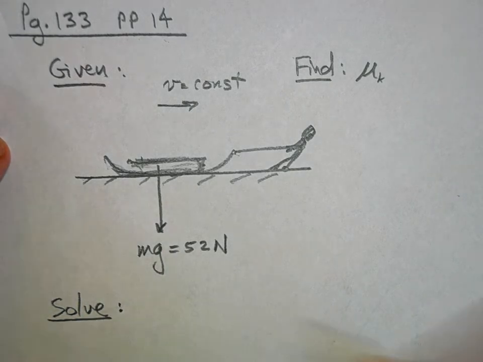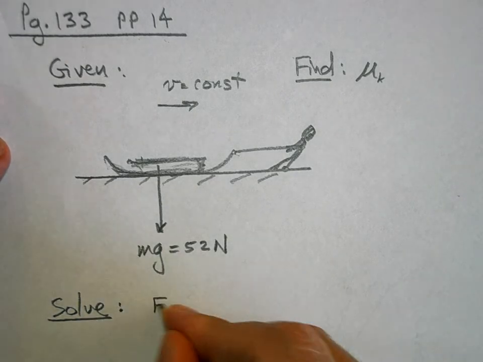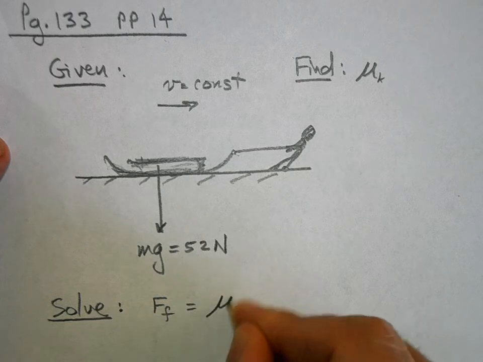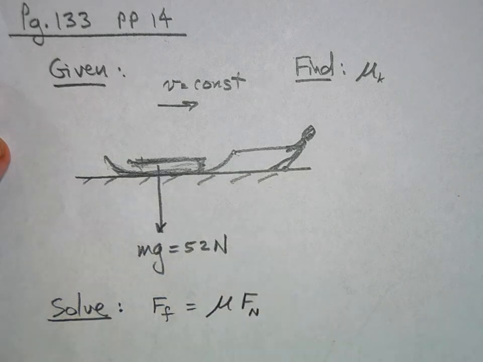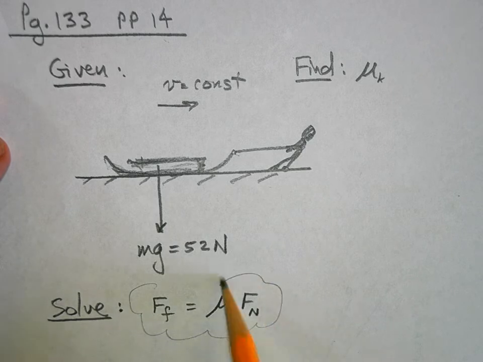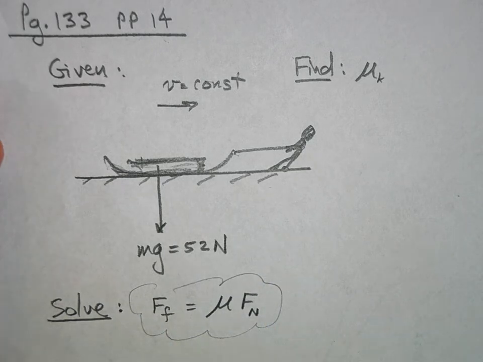Well, first of all, I know that the force of friction is equal to mu times the normal force, right? This is an equation that we developed with the friction lab. It's just something that you should have in your equation list. Friction is equal to the coefficient of friction times the normal force.